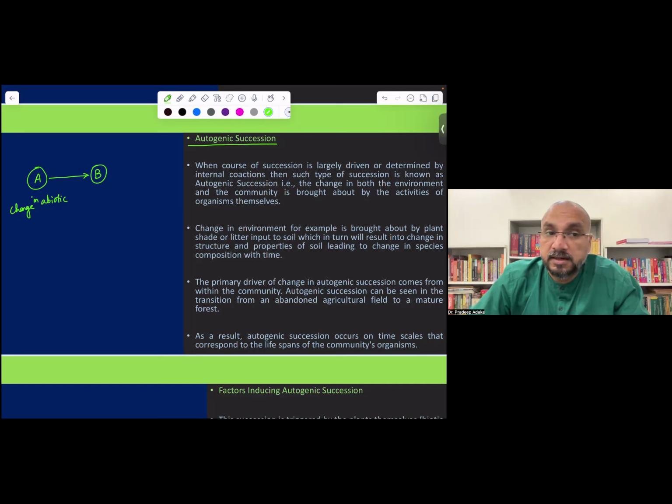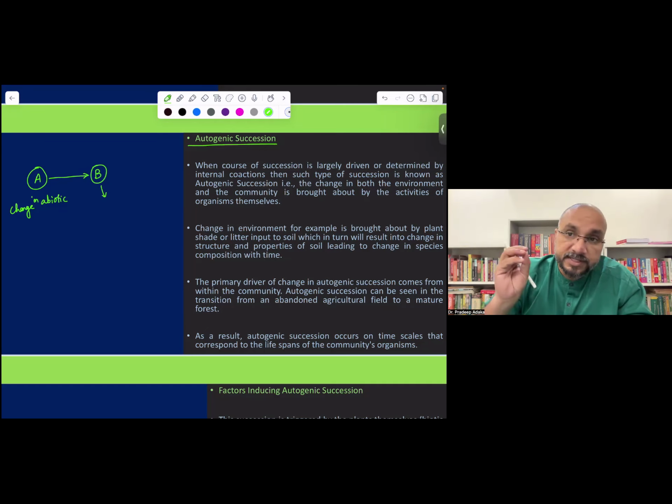B के लिए ज्यादा comfortable हो गया है. Slowly B will outcompete the A species. A will be replaced and this area will be occupied by B species. Now B species is also interacting with the environment, so it is adding its dead leaves और जो भी उसका जो organic matter वो add कर रहा है. It is also changing the environment. It is also bringing changes in the abiotic conditions.